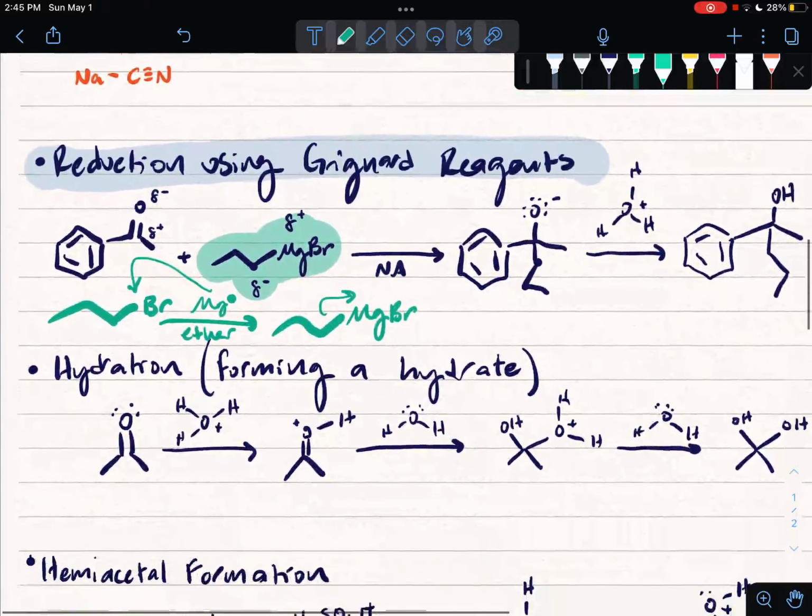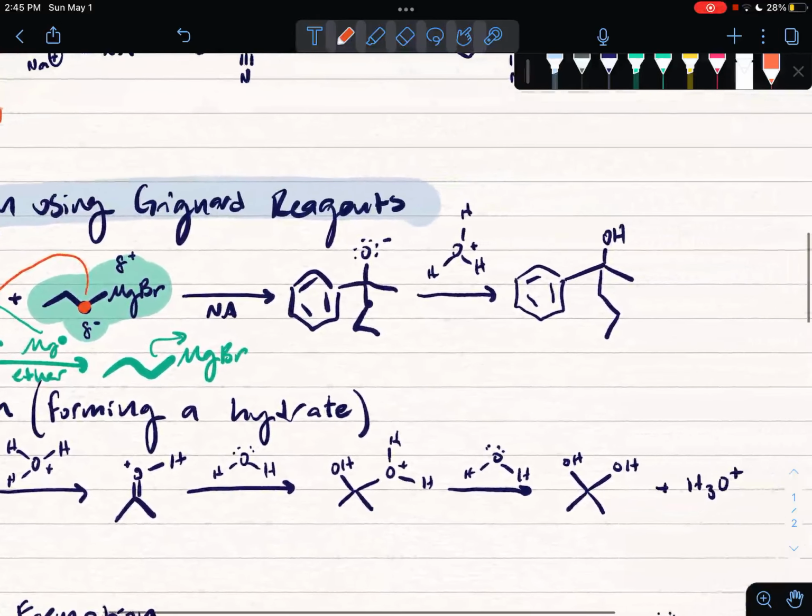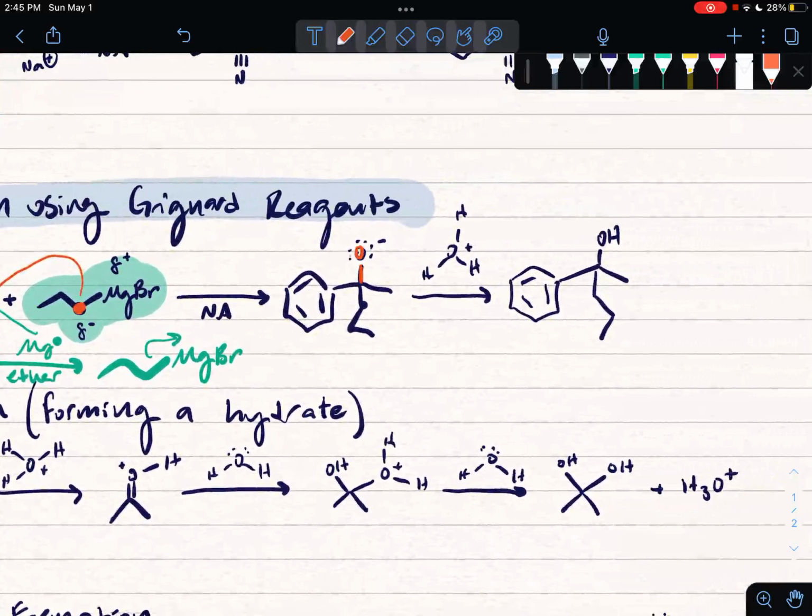We know that our magnesium is going to be delta positive, and the carbon that it's attached to is going to be delta negative. So we know that our delta negative carbon wants to attack the backside of our carbonyl group because that carbon is delta positive. And so when that attacks, these electrons will move up to the oxygen. And we will get this, an unstable oxygen with a negative charge. And then this is the remains of our Grignard reagent.